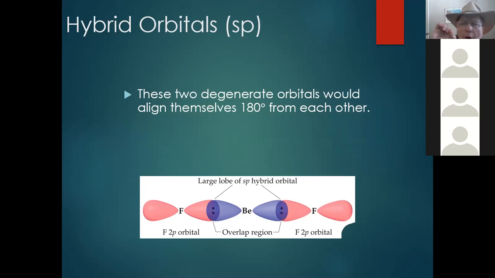Boron's atomic orbital diagram would be 1s2, 2s2, 2p1. So I have to make 3 sites on boron in order for it to make BF3. I do that by promoting one of the s electrons to the 2p orbital.